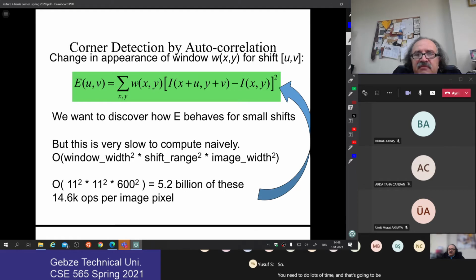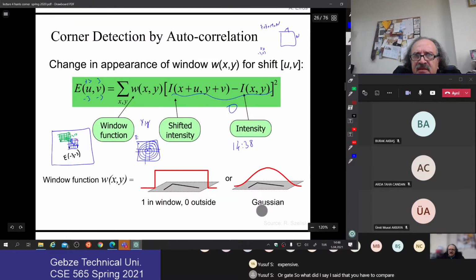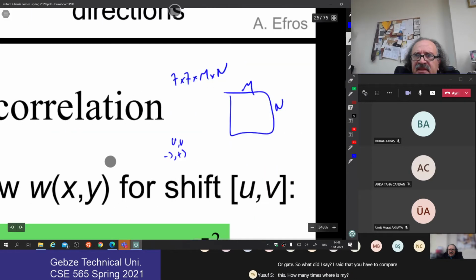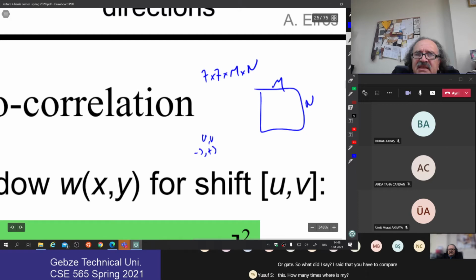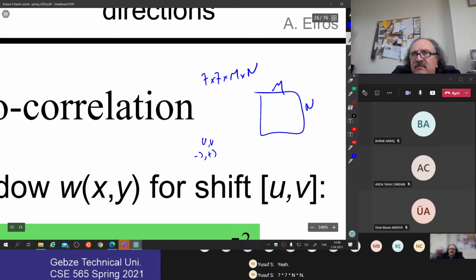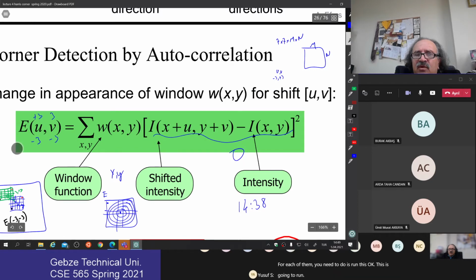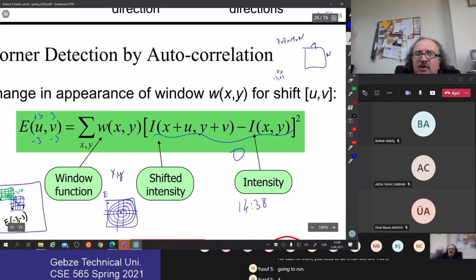So what did I say? I said that you have to compare this how many times? 7 times 7 times m times n. For each of them you need to run this. This is going to run for all the UV values for all the xy's.